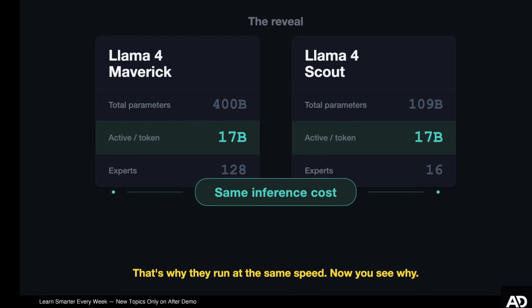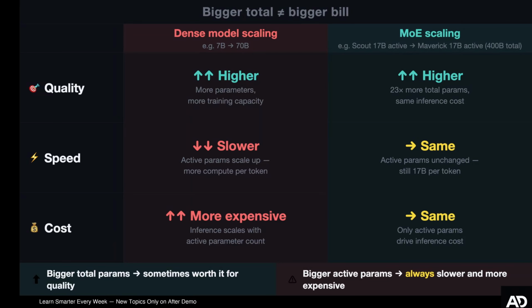Now you see why the old model, bigger is better, more parameters, more quality, worth the cost, is still partially true for dense models. Every extra parameter can in theory hold more world knowledge. But the cost and speed penalty scales linearly with active parameters. MoE breaks the triangle.